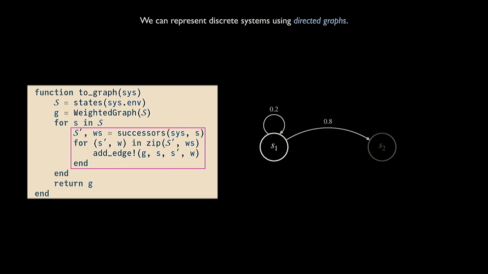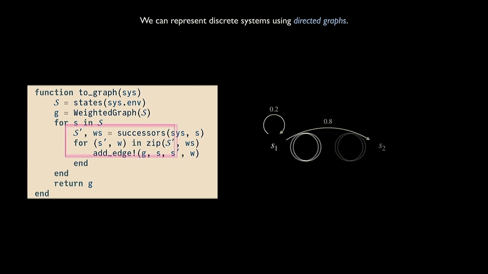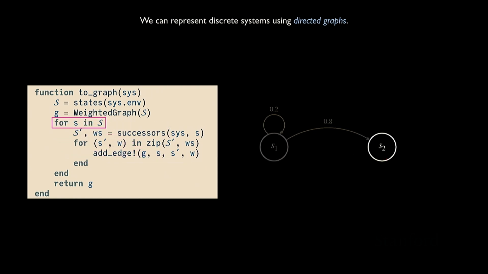So that would give us this 0.2 and 0.8, and we add them as weighted edges to our graph. Then we go to the next state, and we again compute the successors and add them as edges to our graph. So nothing too crazy going on here. It just happens that if we represent discrete systems in this way, we're able to do lots of things to them to do some analysis.